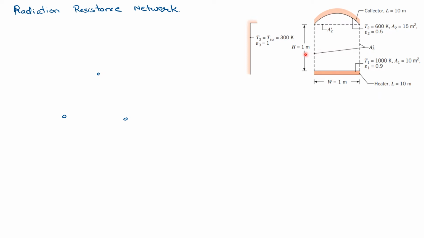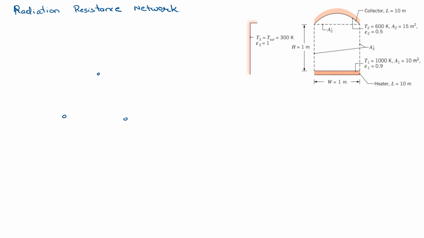Because we have symmetry, we have three different radiosities: one from surface 1, one from surface 2, and one from surface 3. If we did not have symmetry, with a different surface on the left and on the right, we would have four radiosities. But in this case, because we have symmetry, we have three.